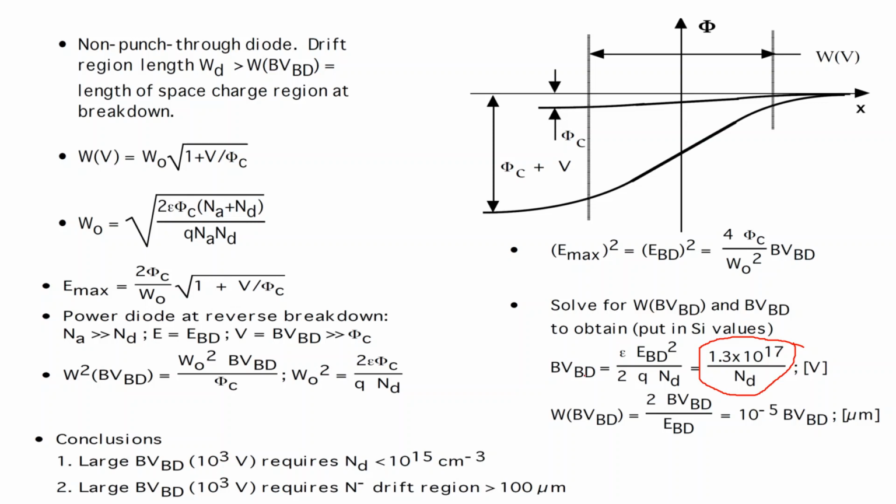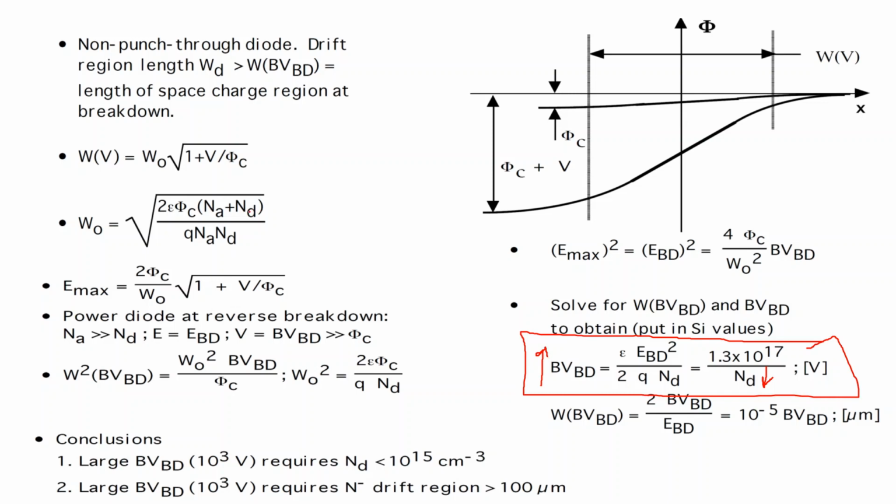So what we can conclude from this expression is that as the doping level of the n-type material reduces, the breakdown voltage increases. This is a very important expression that we have derived: by reducing the doping level of the drift region, the breakdown voltage increases.